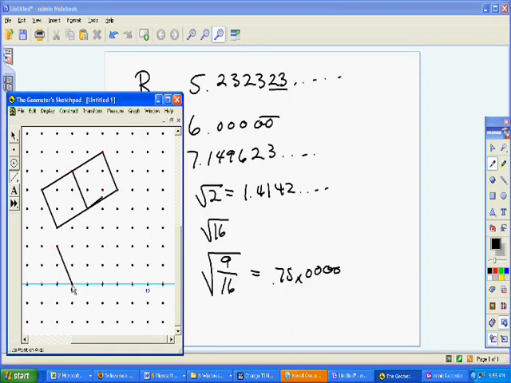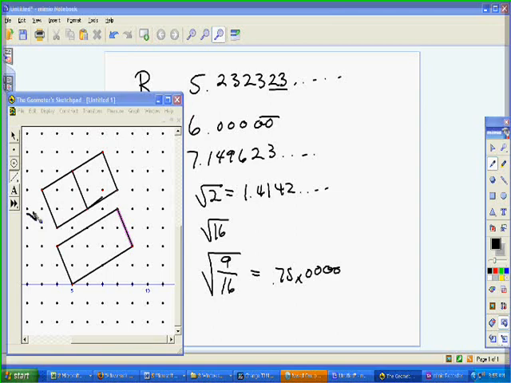I'm going to do the same section again. So if I have the square root of 5 right here, and I have that same side length right here, this time that's the square root of 20, and this is the square root of 5. Up here I had the square root of 5 times the square root of 5 is 5. This is another square root of 5, so I have square root of 5 times the square root of 5 is 5.